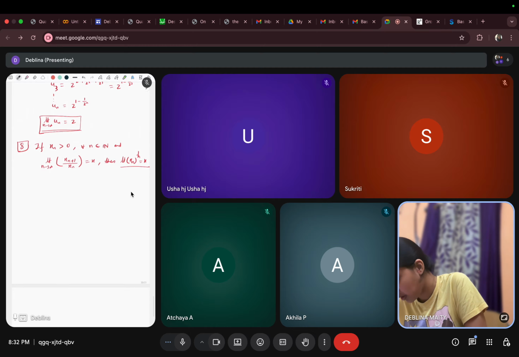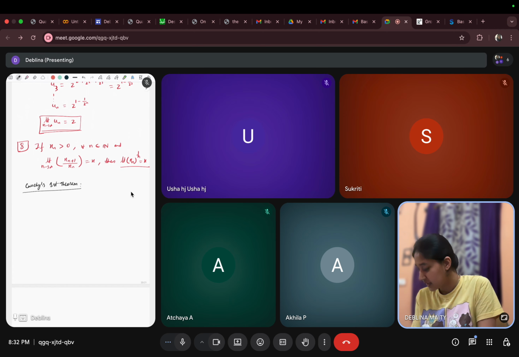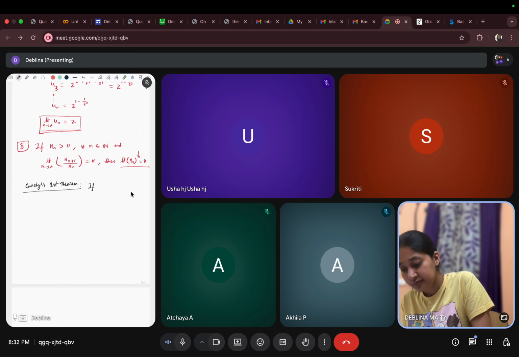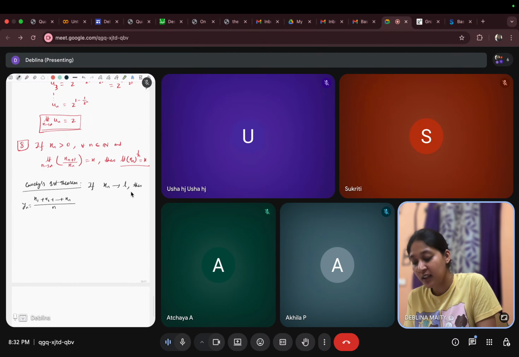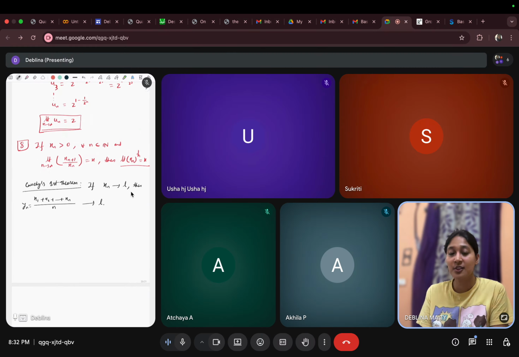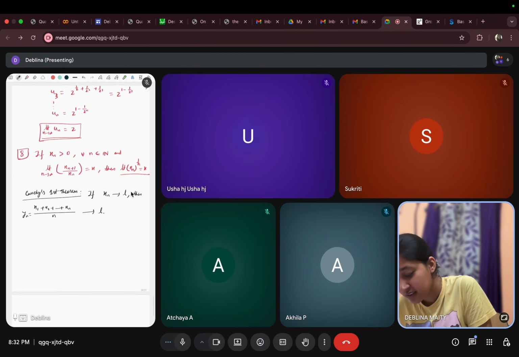So Cauchy's first theorem says: if xn converges to L, then the sequence (x1 plus ... plus xn) by n, suppose this is yn, then yn also converges to L. So this is the first theorem of Cauchy, and there are two theorems. First we will prove this.